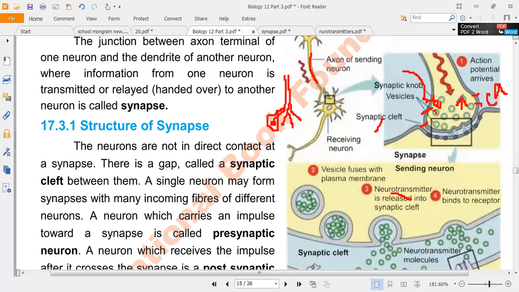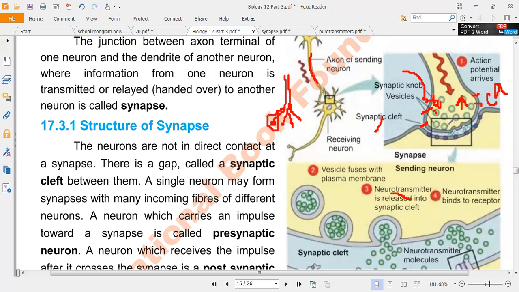When this calcium enters into the knob, it combines with these vesicles. When they combine, the vesicles start to move toward the cell membrane of the neuron.